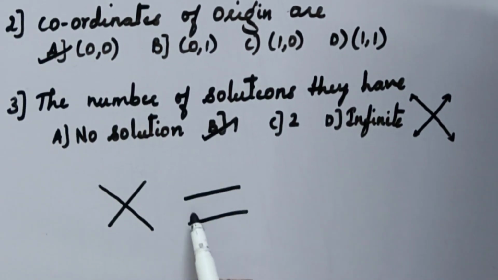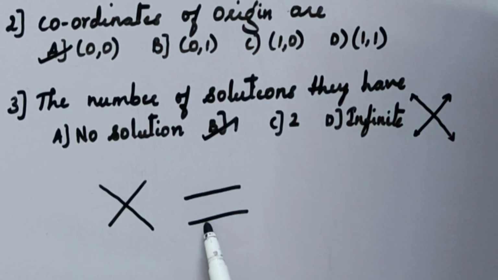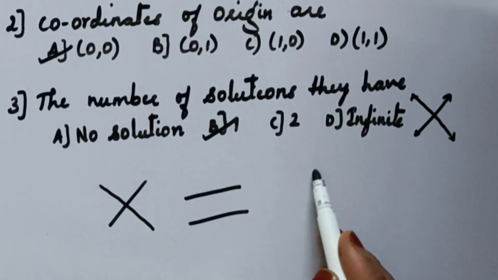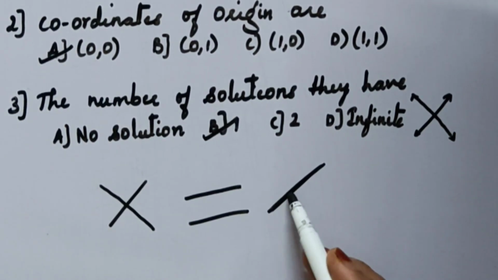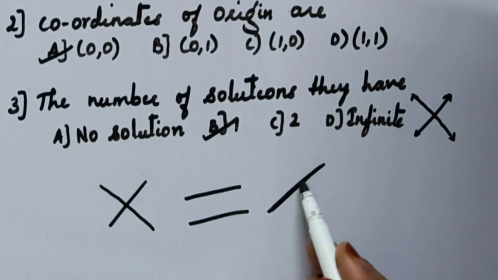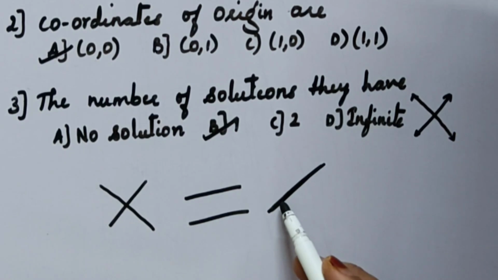These are parallel lines. They have no solution because they are not meeting, nor do we have a common point here. So we say it has got no solution. These are coincident lines. All the points are overlapping on each other. That means we have got an infinite number of points, or infinite number of solutions.